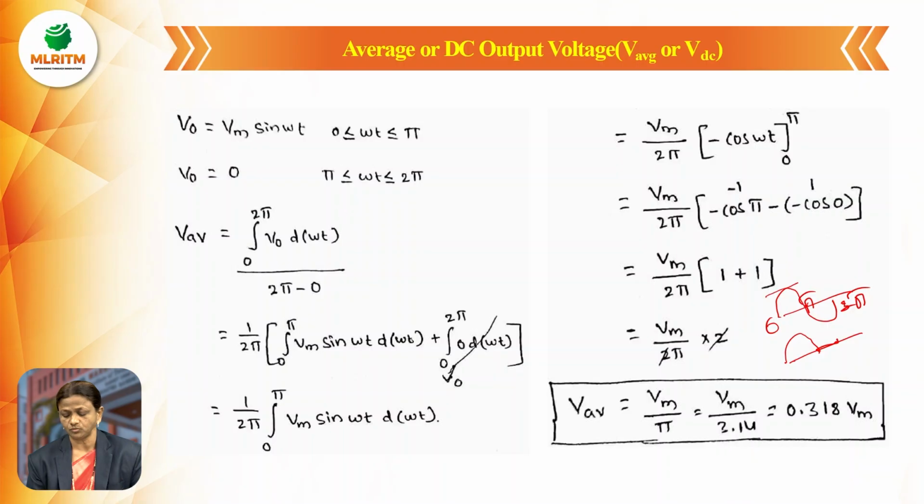Cos pi equal to minus 1, cos 0 equal to 1. So Vm by 2 pi times 2, and the 2 gets cancelled. So V average or VDC equal to Vm by pi only. Pi value is 3.14, so Vm by 3.14 becomes 0.318 times Vm, where Vm is the maximum or peak voltage value.